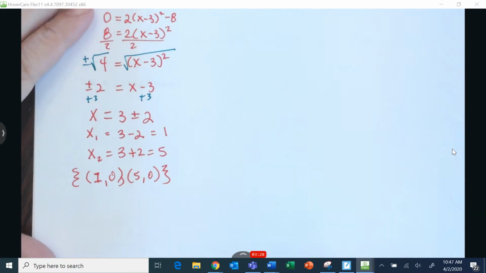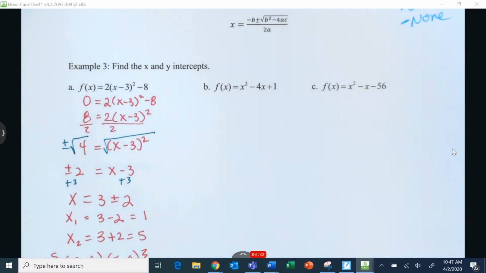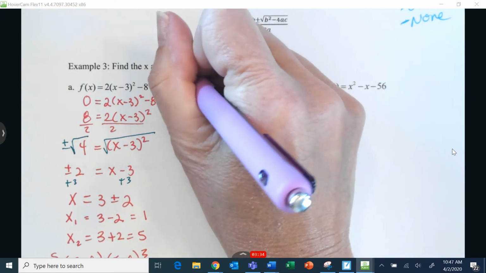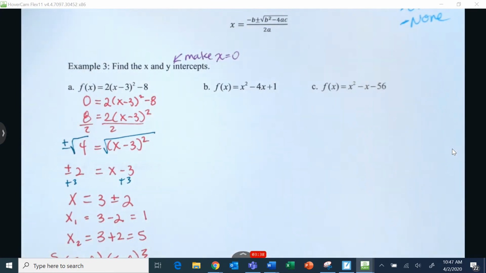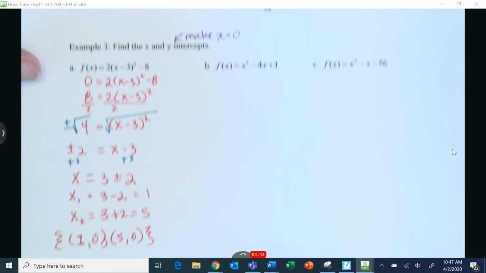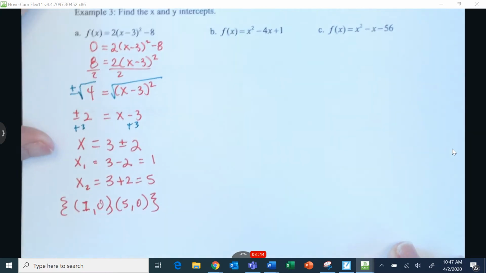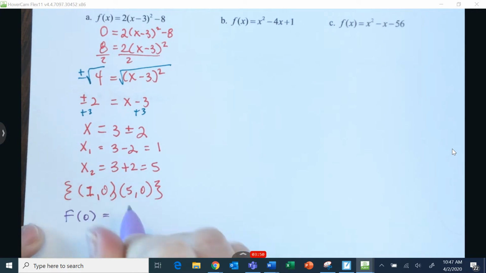This says also find the y-intercept. So to find the y-intercept, we make x 0. I'm going to take this equation and plug in 0 for x. So f of 0 equals 2 times (0 minus 3) squared minus 8.